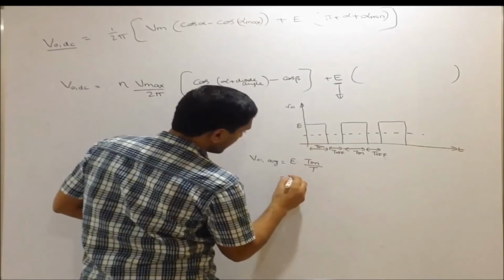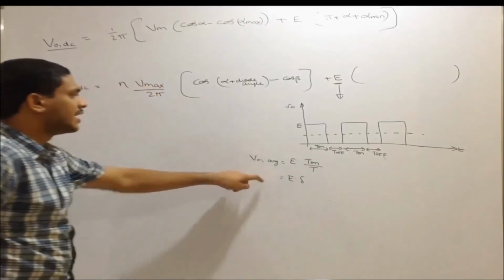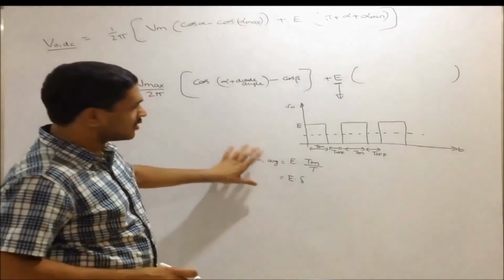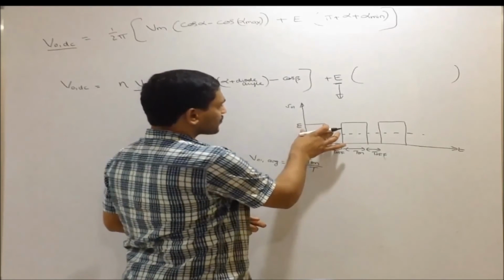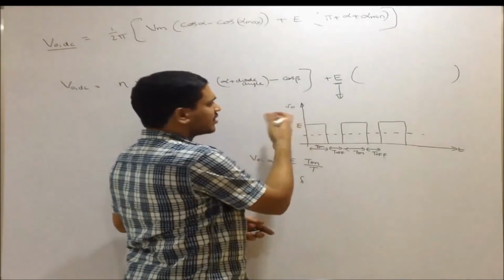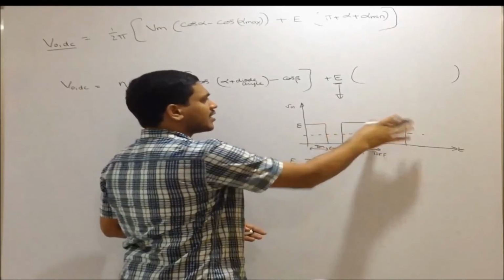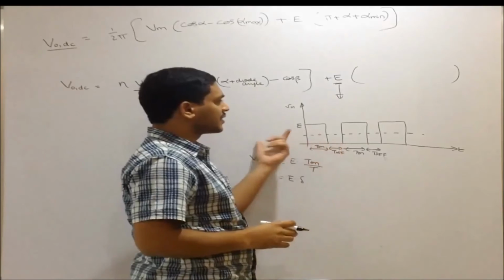So that can be written as delta. For this you refer to our chapter on basics. This is a very simple thing. I have V01 as my output. Assume that it has this kind of waveform. For T on I am getting E, and for T off I am getting 0.